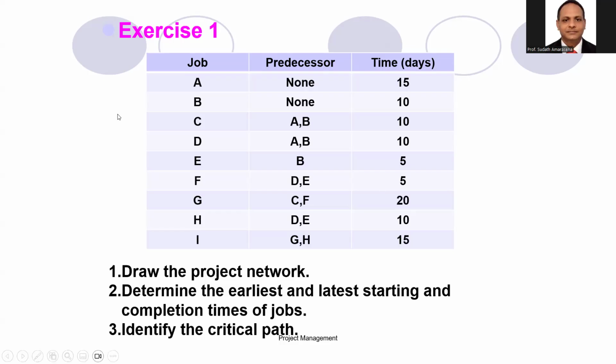When I'm going to draw the network diagram, remember last time we used two symbols, circles and arrows. Now also we are going to use the same symbols, right? But now we are going to draw the circle, I mean the node, to represent the event. Now we need to change the format somewhat.